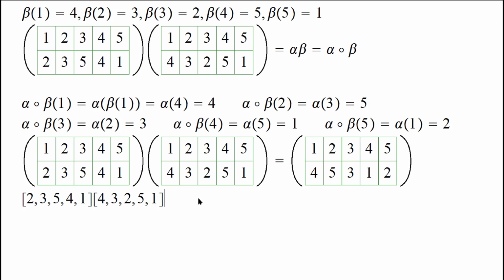So this product should be, in Sage symbols, 4, 5, 3, 1, 2. So we will look at Sage and see if our answer agrees with theirs, and theirs will more likely be right, so we will check, okay?